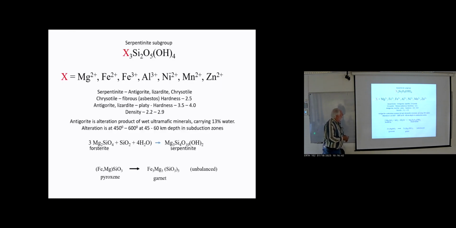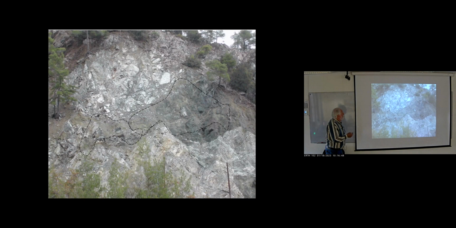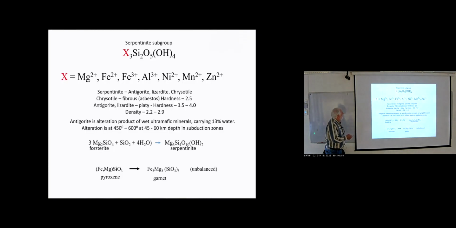I put some concept or data about the serpentine group, which is the general formula, and X could be magnesium or iron or aluminum or nickel or manganese and others.